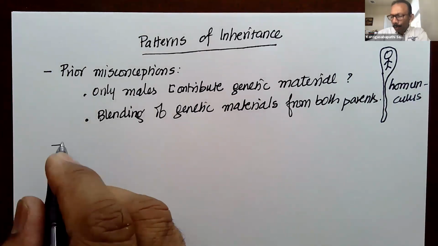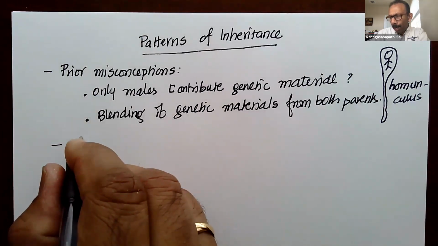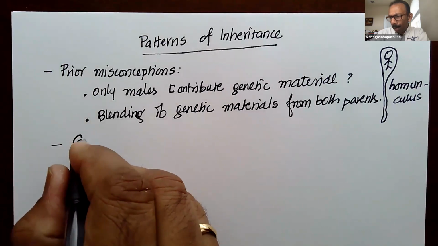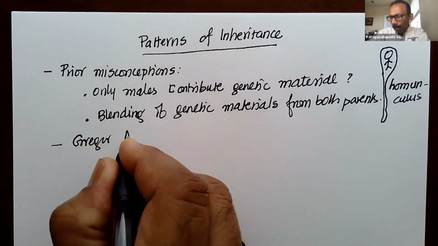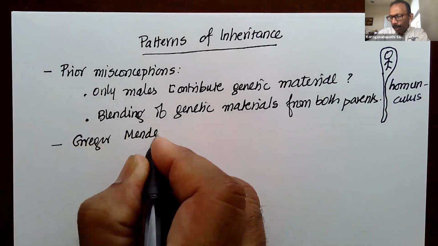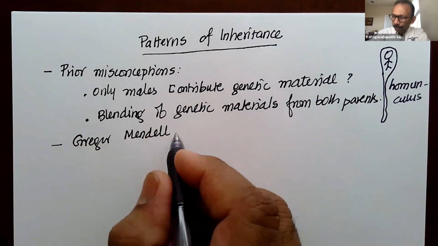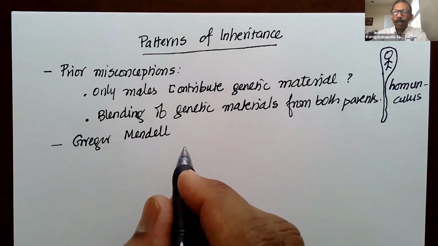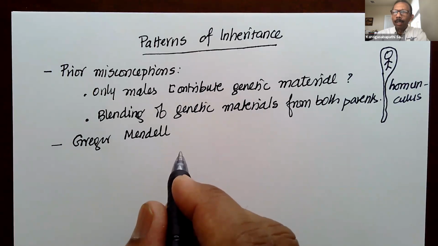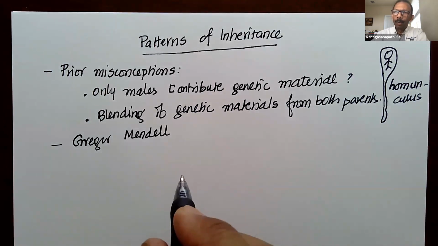So the work was done by Gregor Mendel. He was working in a monastery, and he was not a professional scientist by any means, or a professor working in some university.